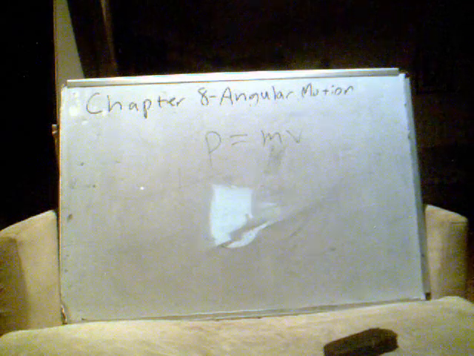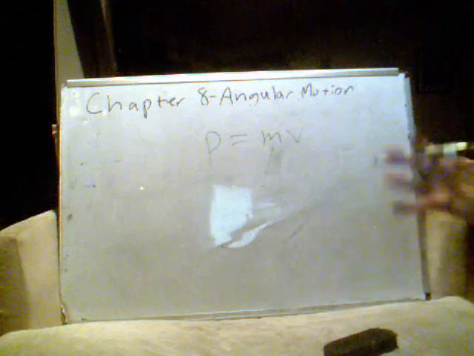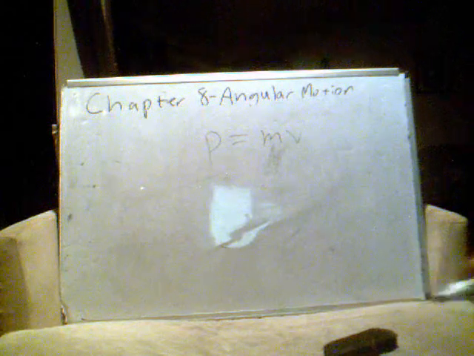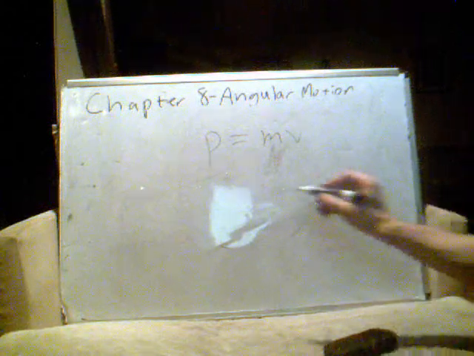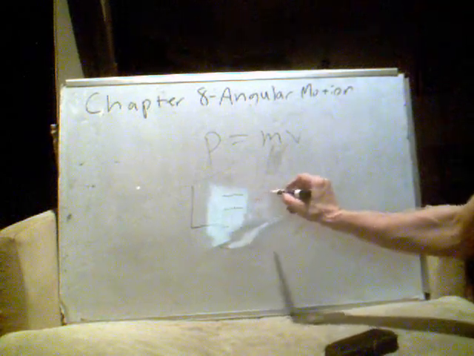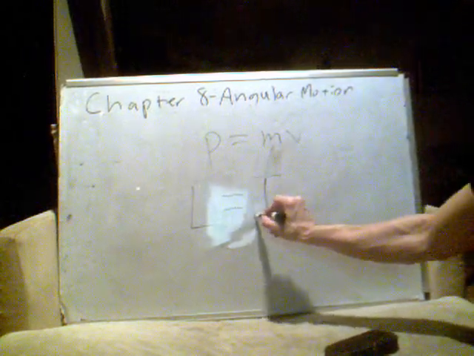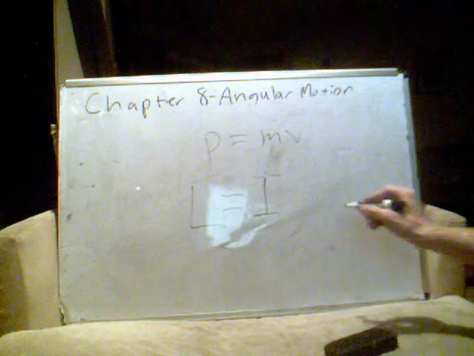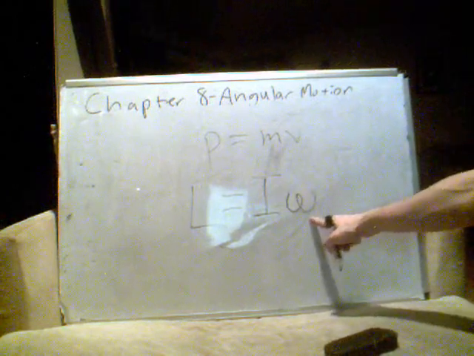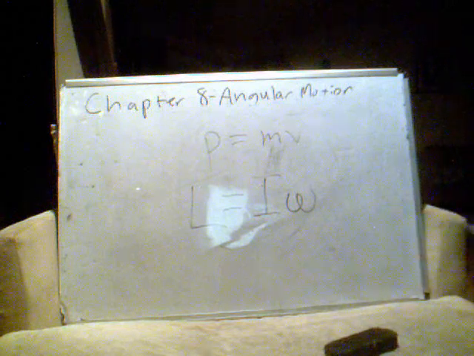Thus, objects also have angular or rotational momentum as well. Now, of course, this doesn't just depend on the mass, as you might expect, but it depends more directly on this funny thing that we call the moment of inertia. It also, of course, depends upon how fast you're moving, what your angular velocity is.